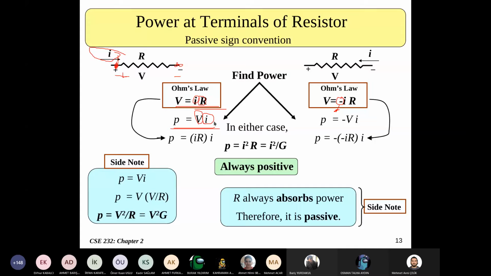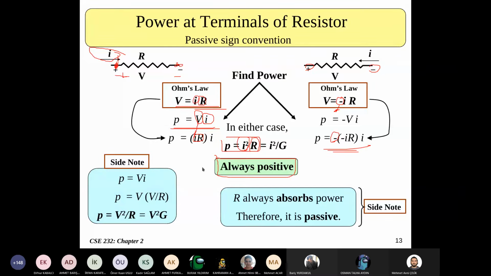When you multiply this out, putting V equal to I times R, you obtain the power as I squared times R. Since R cannot be negative, because in physics we don't have negative resistances, and I squared is the square of a physical value and always positive, you expect the power to be always positive most of the time. But due to this polarity thing, sometimes we'll be calculating negative powers.